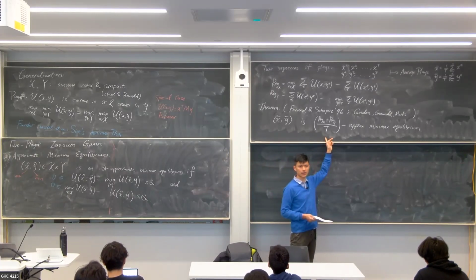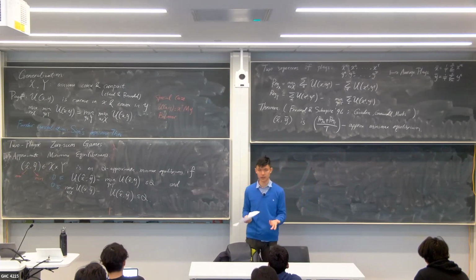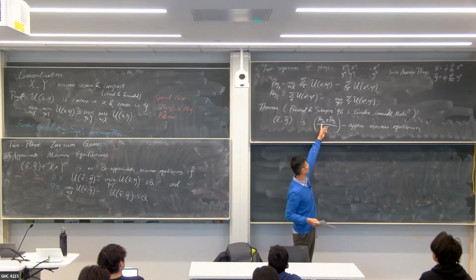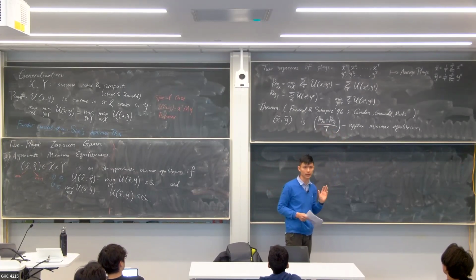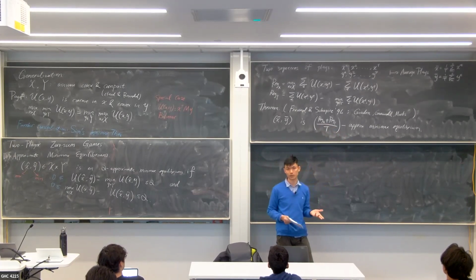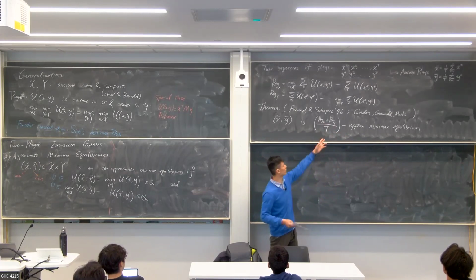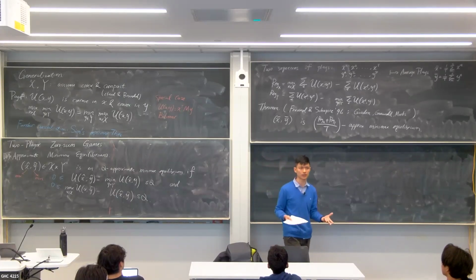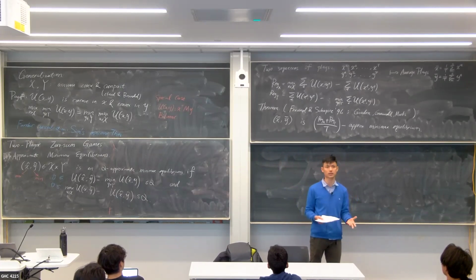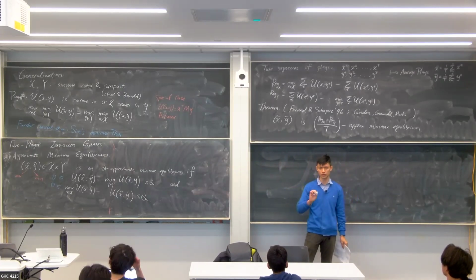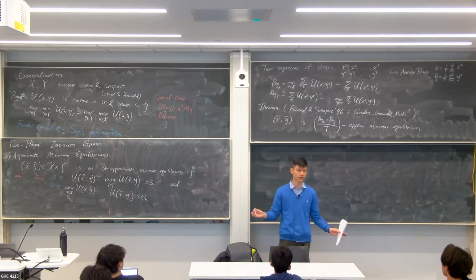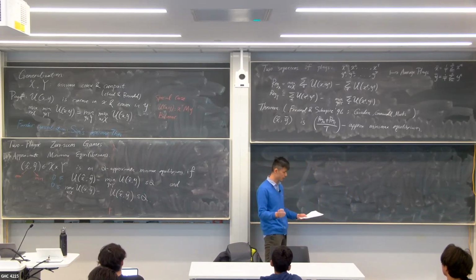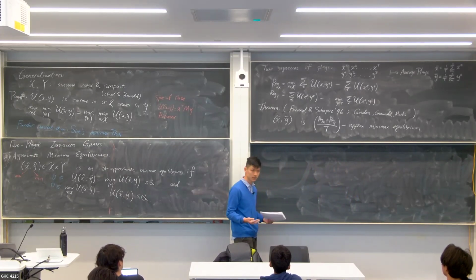We'll expand on this later, but we know of algorithms that can generate these sequences of strategies so that both the regret terms are only growing at the rate of square root T. So this quantity will look like 1 over square root T. So you should come to believe that this can be used as a tool for computing approximate equilibrium, where the approximation goes down to 0 at the rate of 1 over root T. And we'll give you some examples of how to do it exactly. But let's first see the proof.